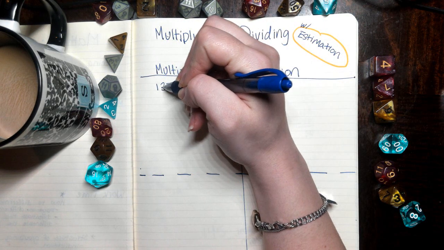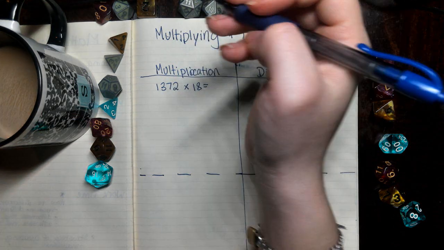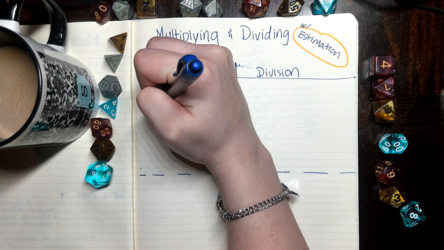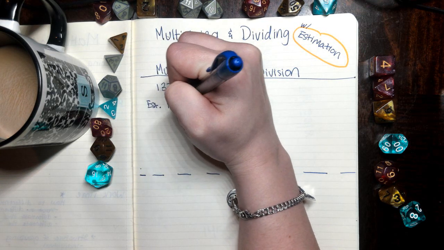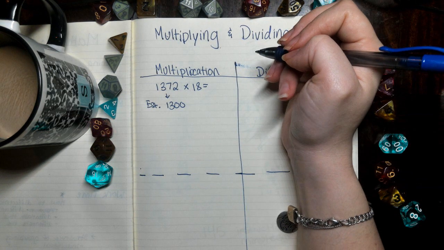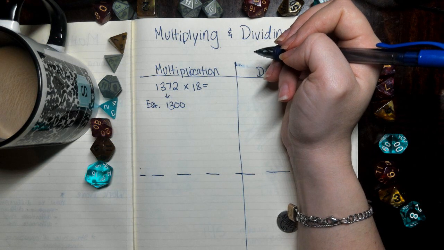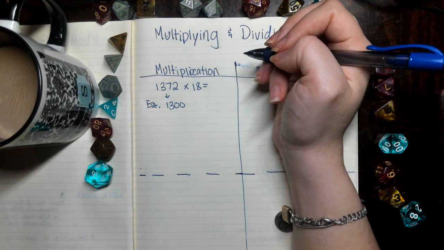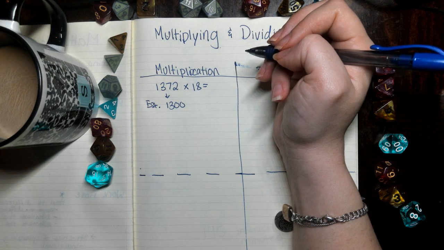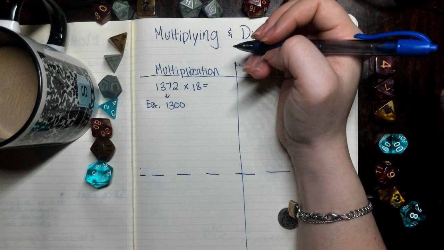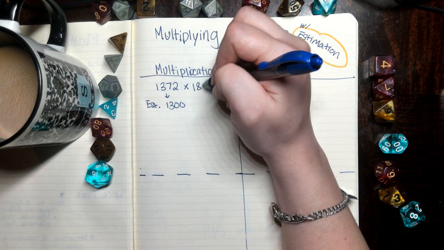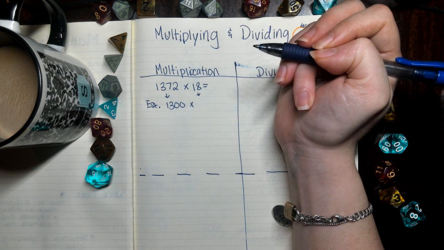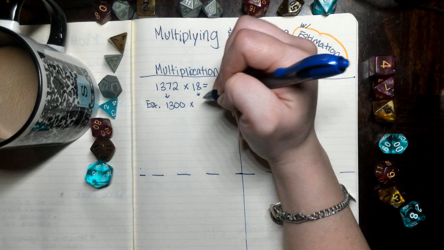So I see 1,372, and so I'm going to round that to 1,300. You see how I did that? I actually rounded down. You usually would round up with this kind of problem, but it's fine. I rounded down because I saw this 18 over here, and I was already thinking, you know what 18 is really close to? 20.